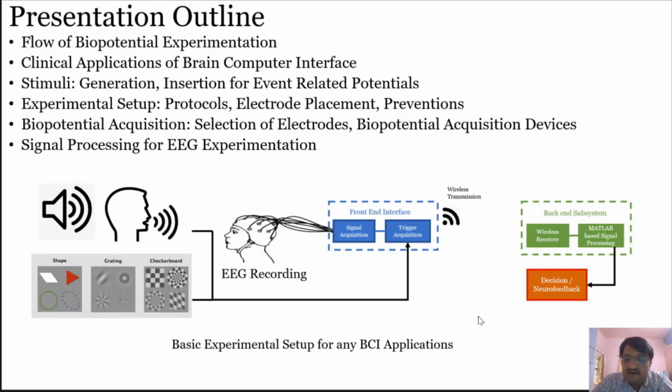Mostly in today's practice, BLE, that's Bluetooth Low Energy modules, or RF modules are used to transmit the obtained biopotential, and with most of the modules you can receive the data using a dongle on your laptop. Further, you can process it using any of your software. So this is a basic flow for brain computer interfaces. We will check each module in detail.